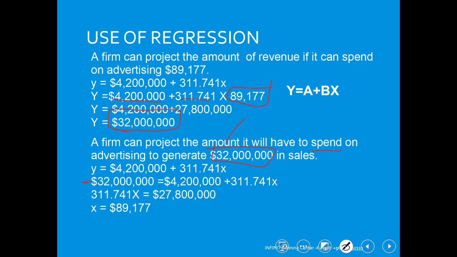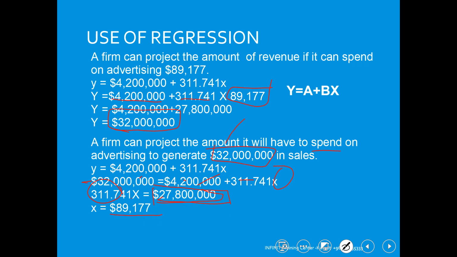And A we know and B we know, X we have to find out. So 311.7X is going to be 27,800,000, which is 32 million minus 4.2 million. So X is going to be 27,800,000 divided by 311.7, which is going to be 89,177.